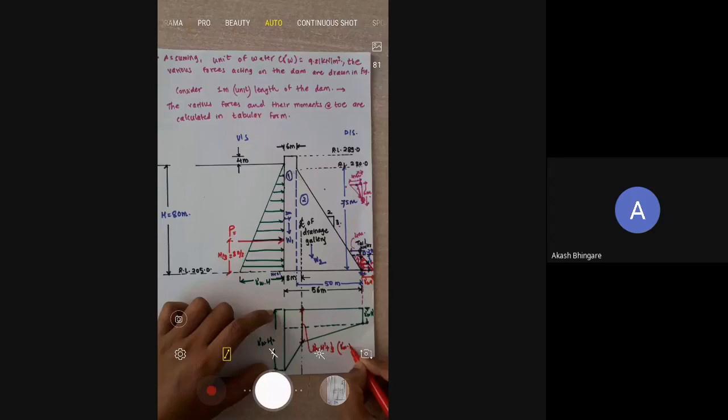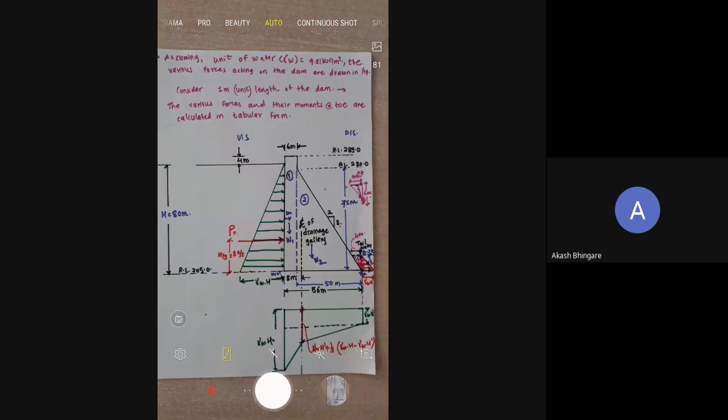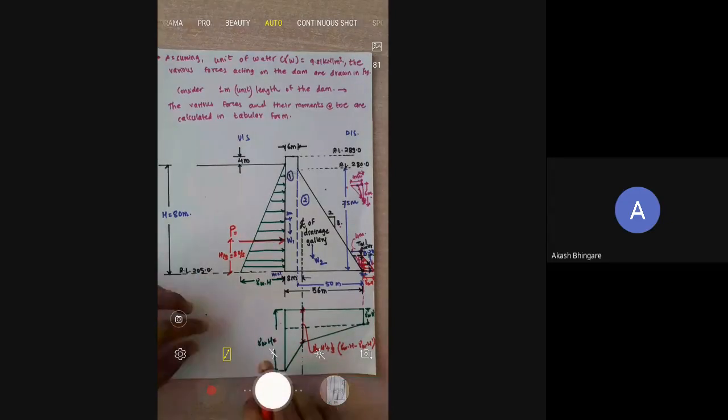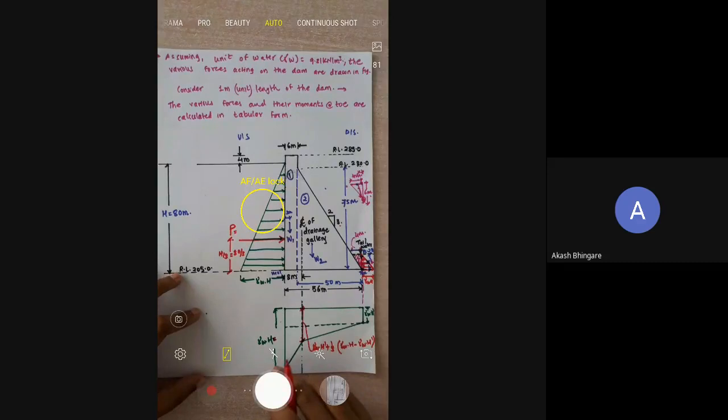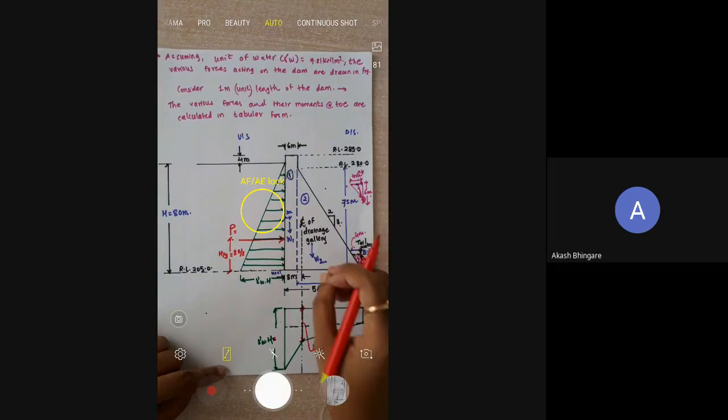If in case no tailwater is there, you can directly take this as 0 and the figure will get modified accordingly. Now you can put in the values: gamma W, which you have assumed as 9.81 kilonewton per meter cube, H is 80 meter and H dash is 6 meter. Put all these values and write down gamma W into H, gamma W into H dash.